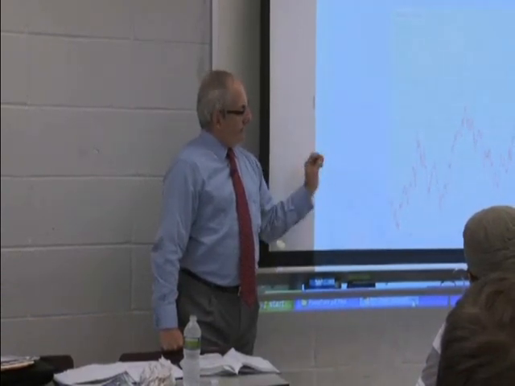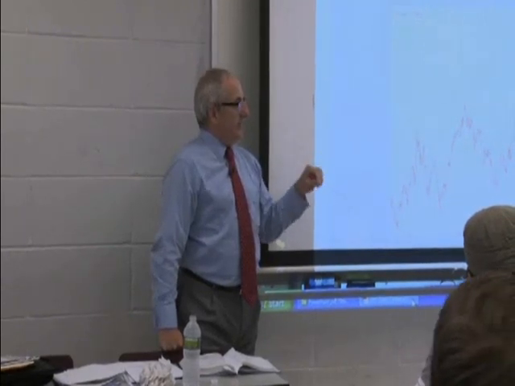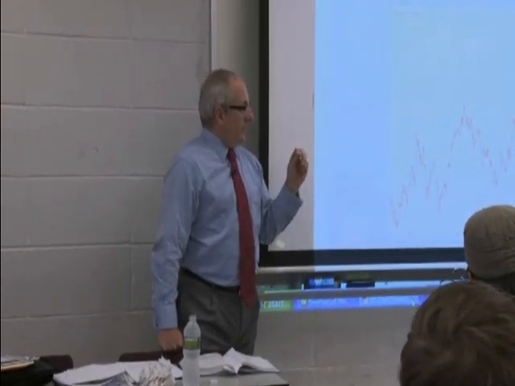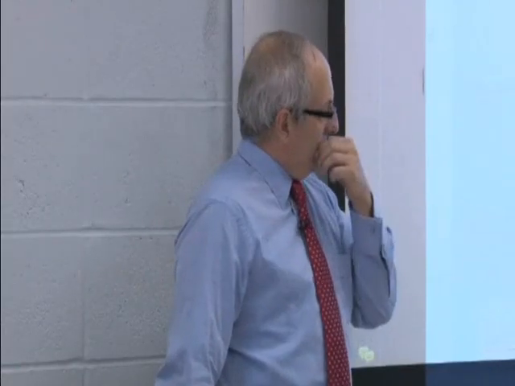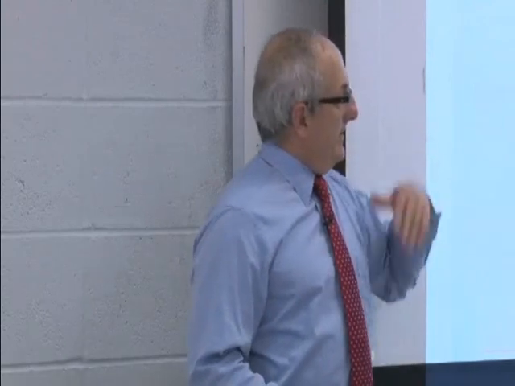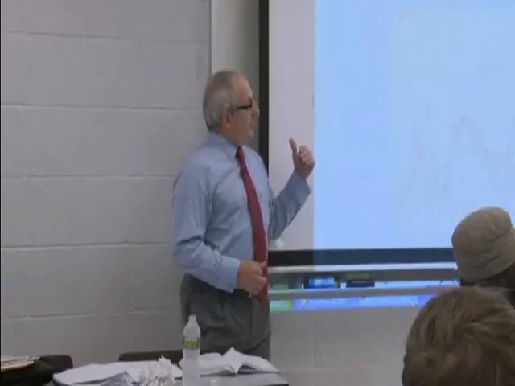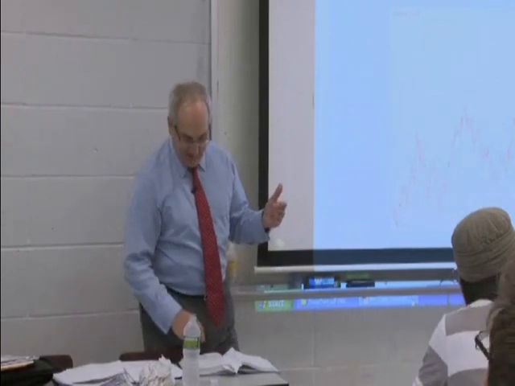If you were doing it by hand, you'd put a dot where the close is, and then you'd connect it to the next day's dot, and so forth as you go along. The advantage of this type of chart is that it's very simple and straightforward, and you know exactly what you're looking at, but you don't have to only look at these charts.